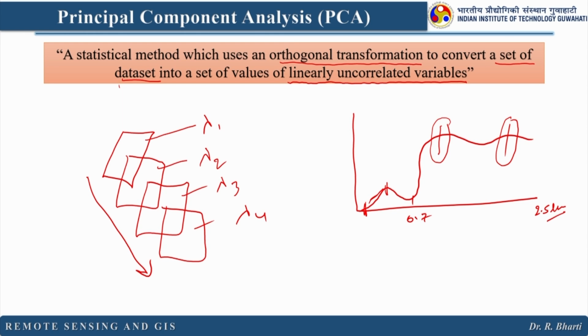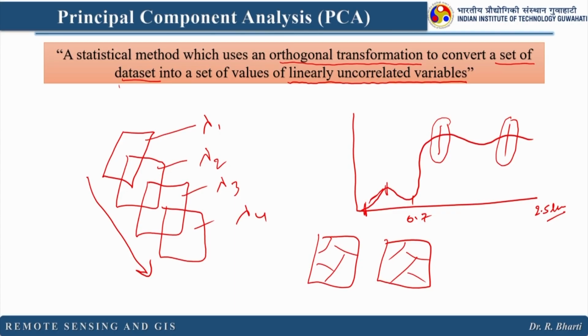In PCA we want to reduce the dimensionality of the data so that the output will have uncorrelated information. Out of these 4, maybe only 2 images can give you the unique information about the object. One image will give you some XYZ and the other ABC, so you can easily find out the ABC and XYZ in your area.